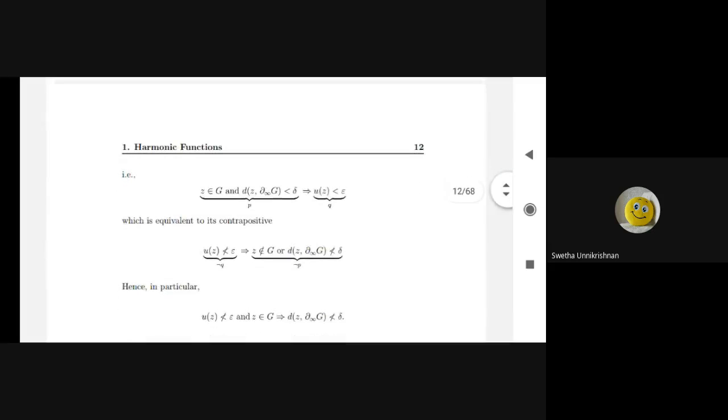Then we get z belongs to G and d of z comma del infinity of G is less than delta implies u of z is less than epsilon.